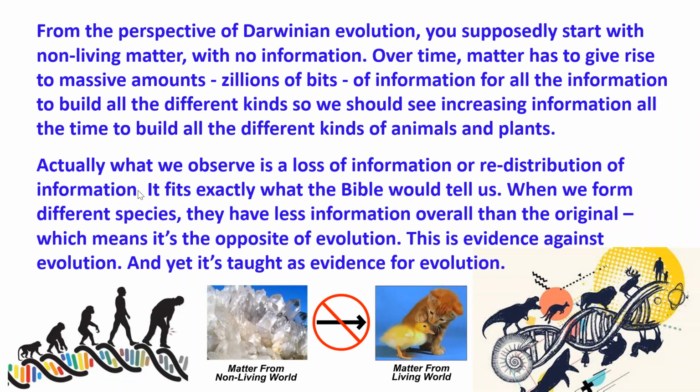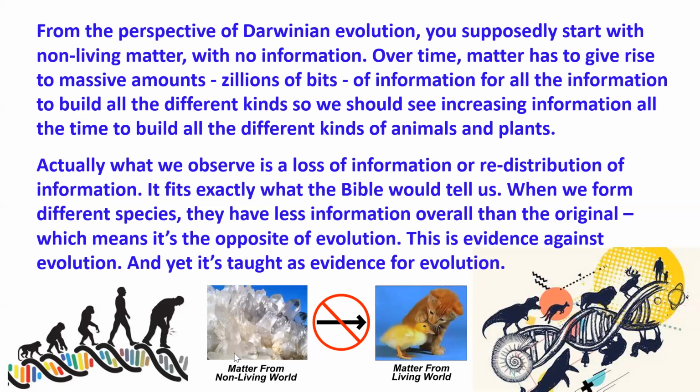So when we form different species, they have less information overall than the original, which means it's the opposite of evolution. This is evidence against evolution, and yet, ironically, it is taught as evidence for evolution. You see how the thinking is actually twisted in the opposite direction.